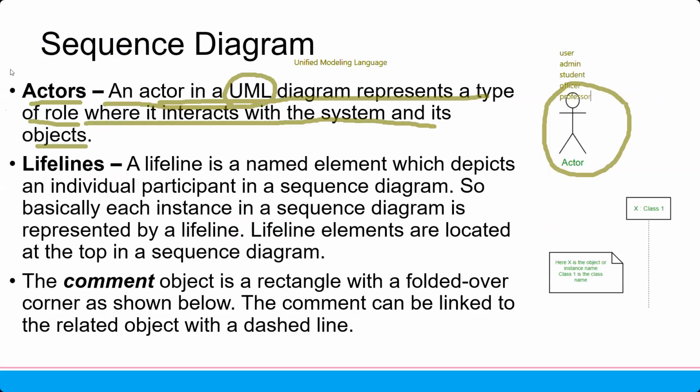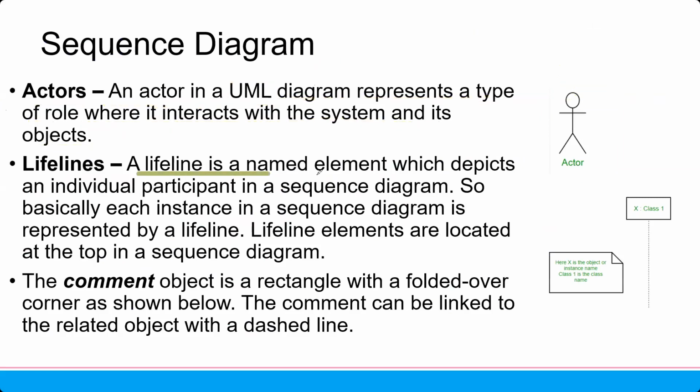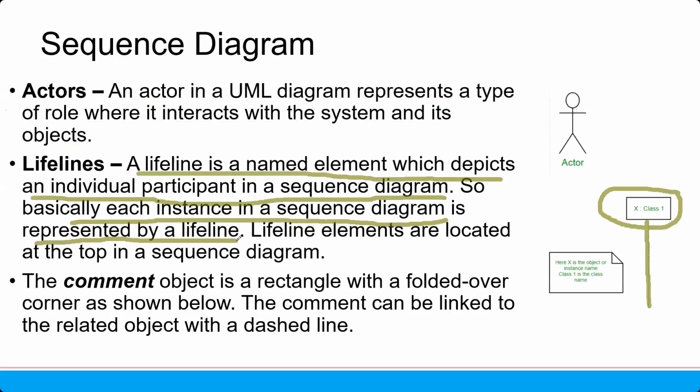Lifeline, we call it a lifeline. It is an element name which depicts an individual participant in the sequence diagram. So, for example, we have this as an object, so we can have this one as a lifeline. So basically, each instance in a sequence diagram is represented by a lifeline.